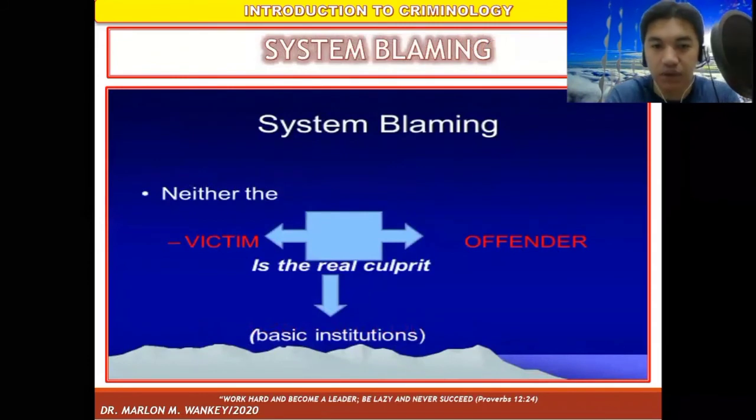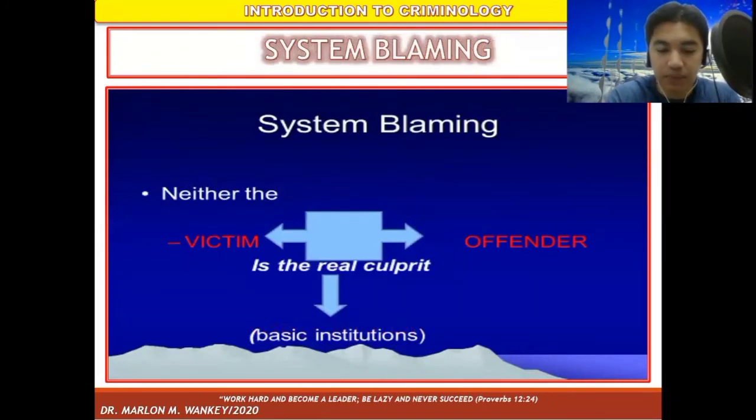Next is the system blaming. The blame here will not be put on either victim or offender, but the system.